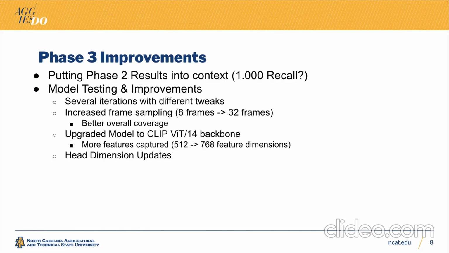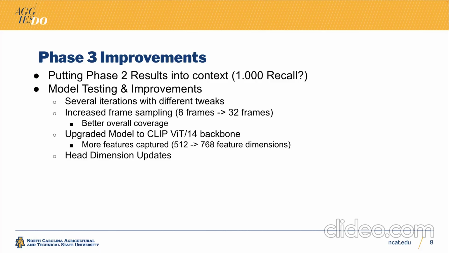We implemented those changes. We eventually put that phase two 100% recall into context and realized there was some overfitting going on with the model. Through several different tweaks and iterations, we steadily improved.